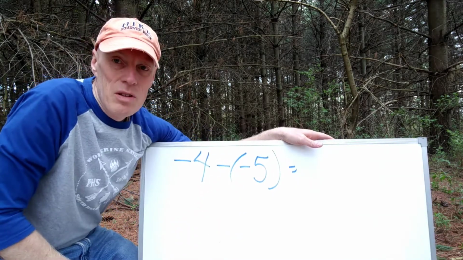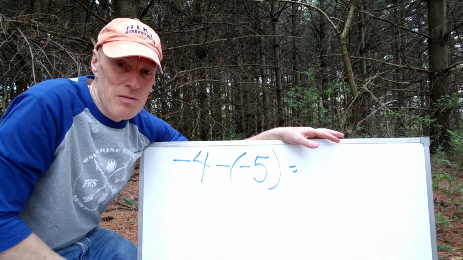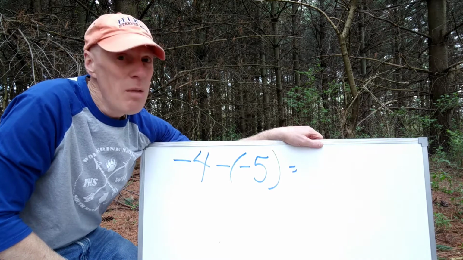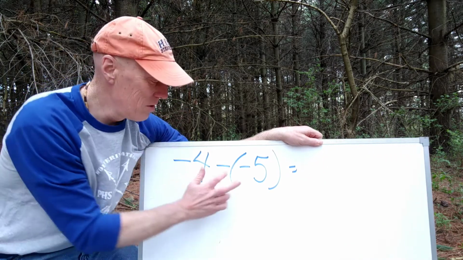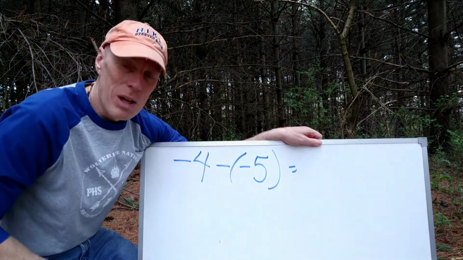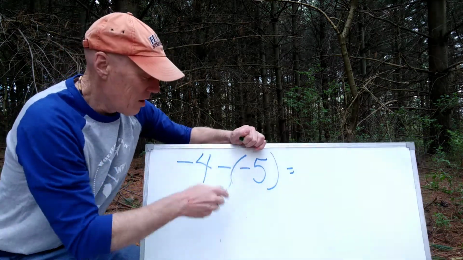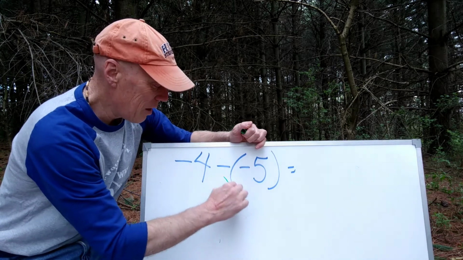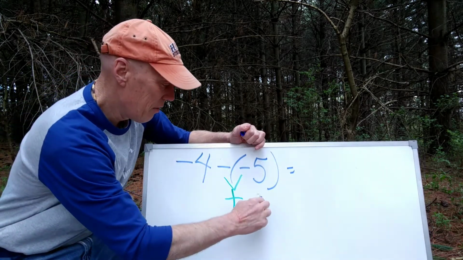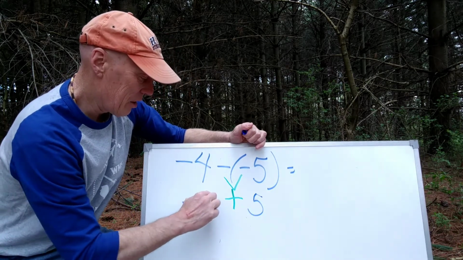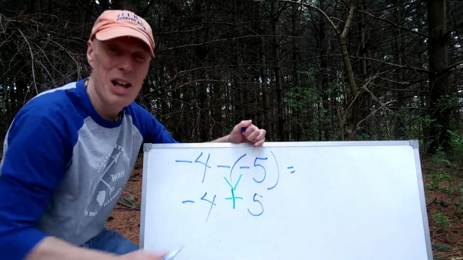Double negatives make a positive. Are you positive, Mr. Rhines? Oh, I'm positive. 2 negatives make a positive. So this becomes positive right here, and then you're left with 5 here and a negative 4 here. So it's negative 4 plus a 5.